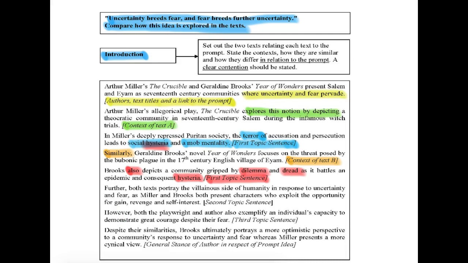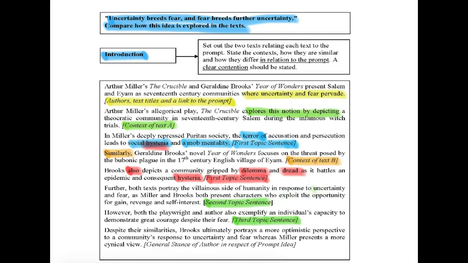Now, the next thing that we do in the introduction is introduce the second topic sentence that we already established, and the third topic sentence. So, further, both texts portray the villainous side of humanity in response to uncertainty and fear, as Miller and Brooks both present characters who exploit the opportunity for gain, revenge, and self-interest.